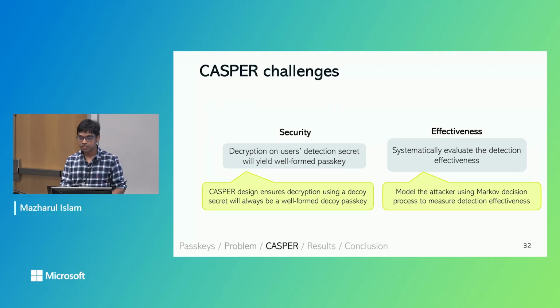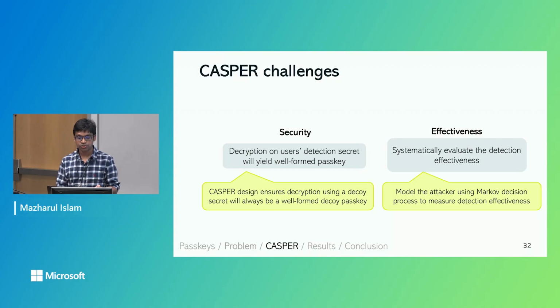So there are a few more challenges that we have to solve while designing this idea for CASPER. We have to ensure that decryption using a decoy secret key will always output a well-formed decoy passkey. Otherwise, the attacker doesn't even need to contact the relying party, because they would be able to readily see that this is a decoy detection secret.